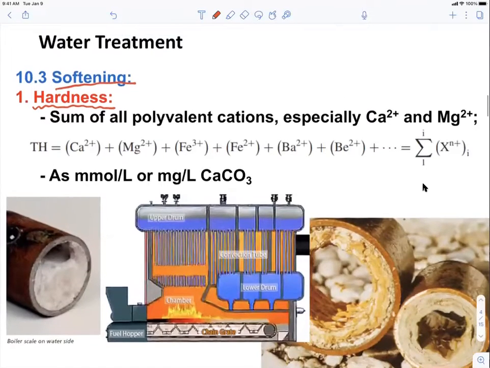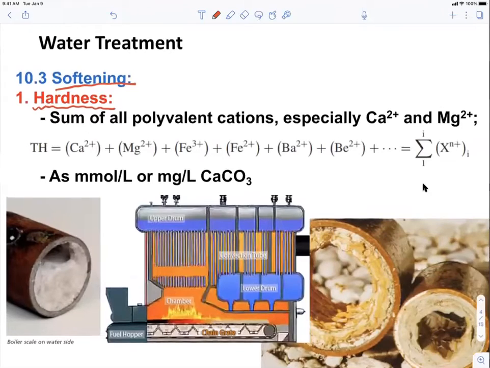Okay, so the hardness is defined as the sum of all the polyvalent ions, mainly because these polyvalent ions can form solids, right? If you imagine, let's say calcium bicarbonate, which is soluble in water, right? And when you heat it up, you can form calcium carbonate, right?